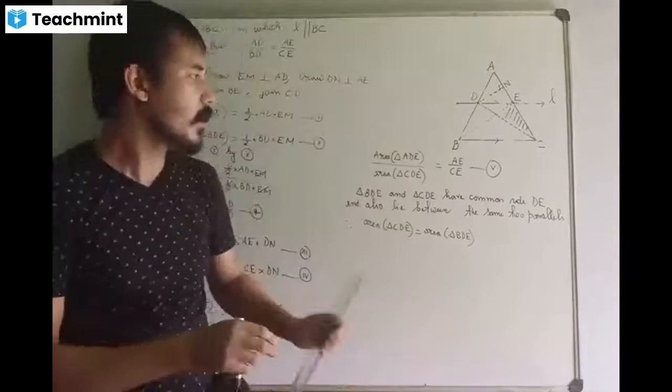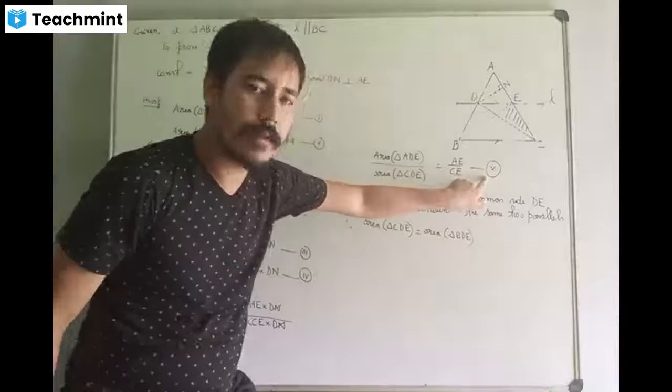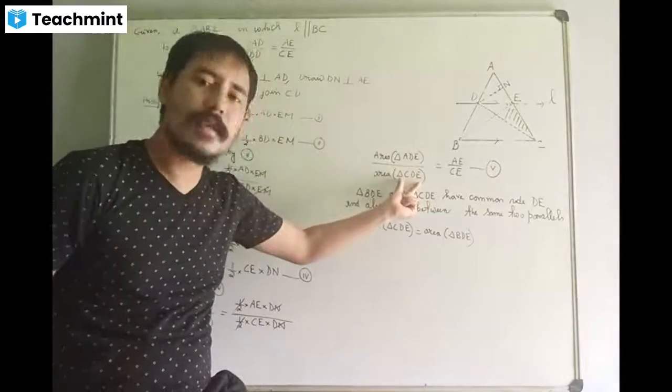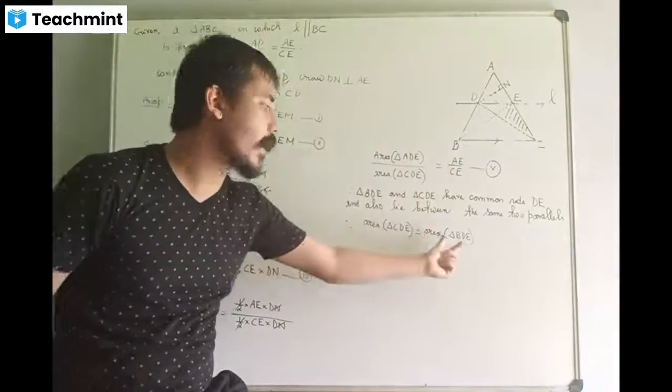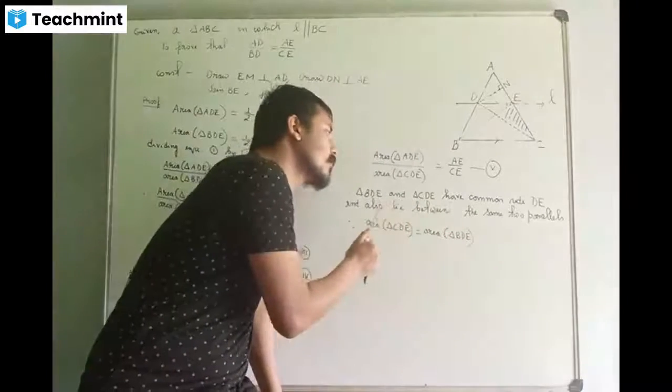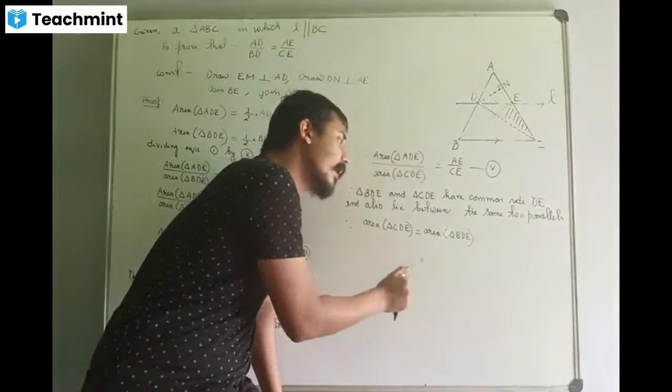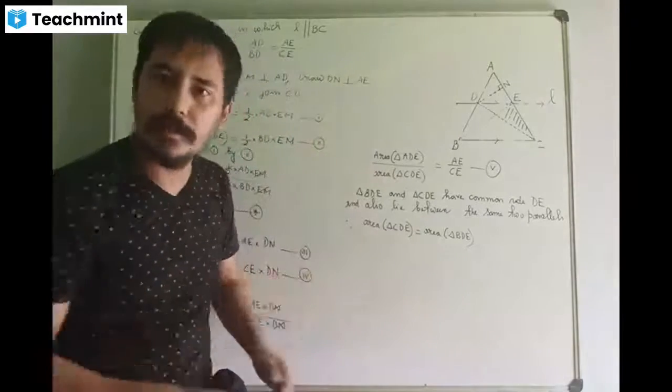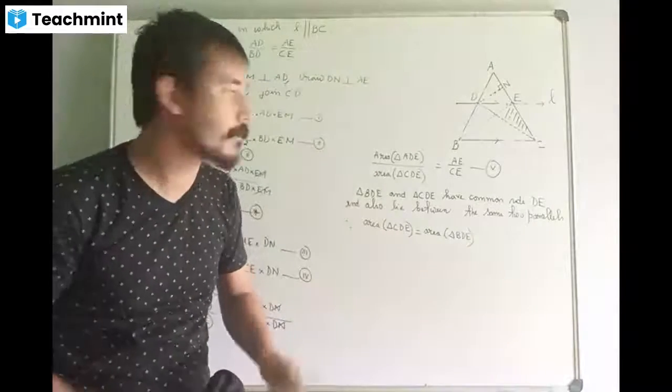Now, in equation 5, wherever there is CDE, we can replace it by BDE, because they have equal area.